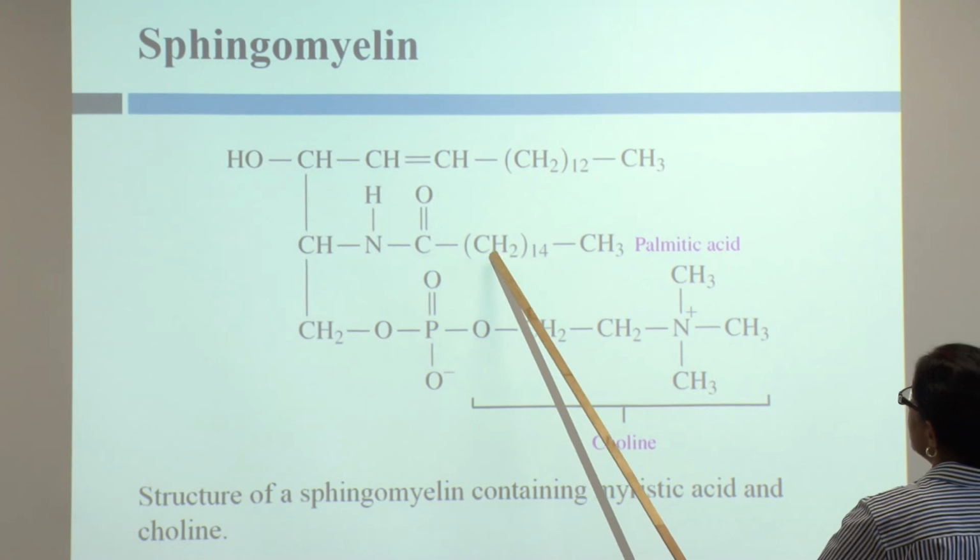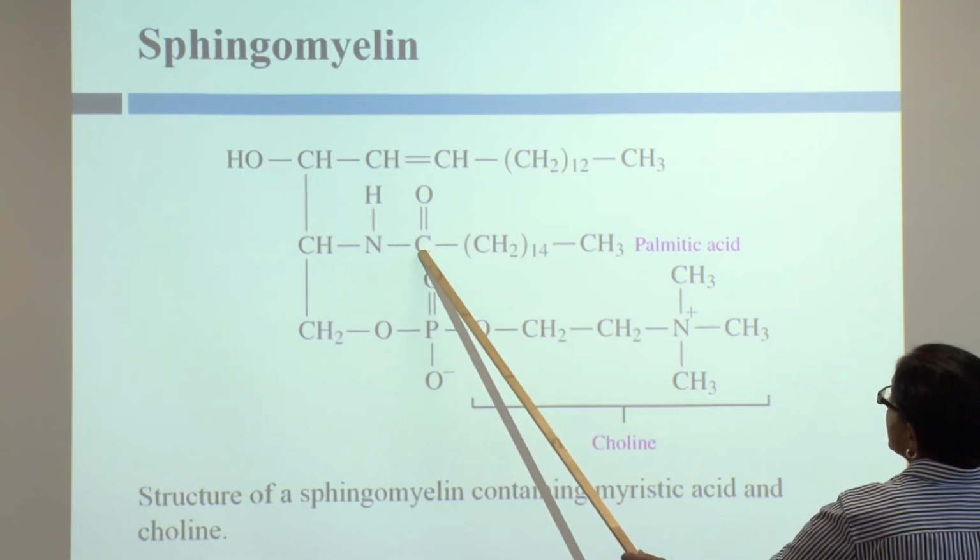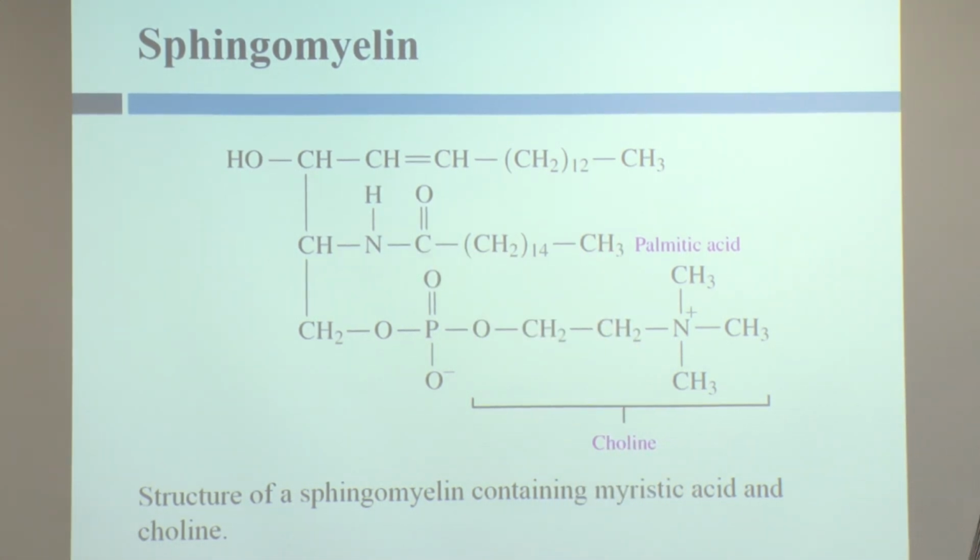So 14, 15, 16 carbons with no double bond. 16 carbons with no double bond will be palmitic acid. Myristic acid is 14 carbons with no double bond. So this should be palmitic acid.